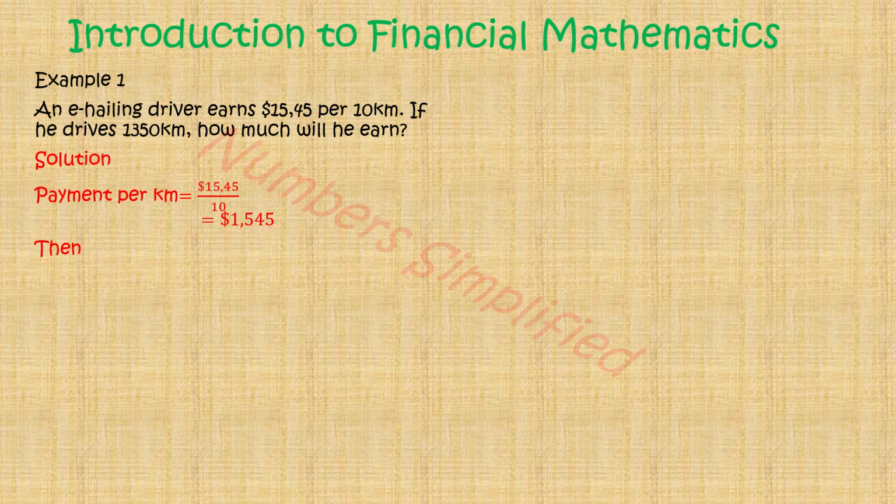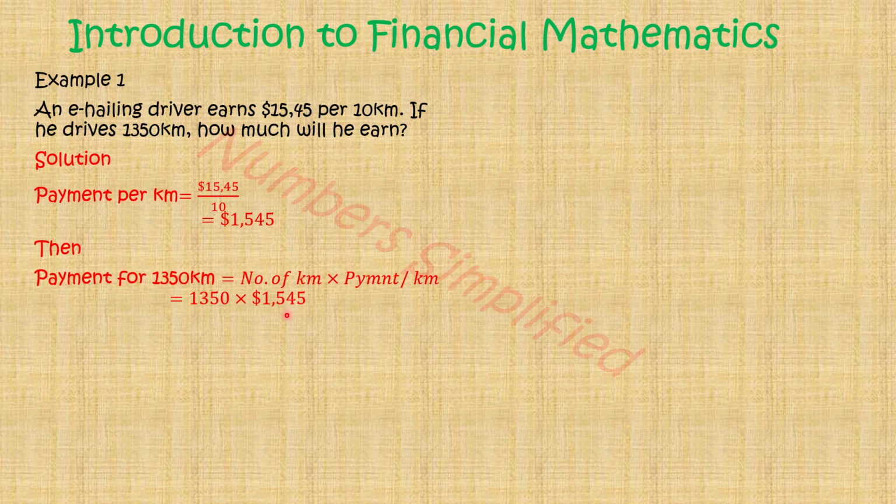Then, payment for 1,350 kilometers is given by the number of kilometers covered times the payment per kilometer. Now with that, we are going to substitute for the number of kilometers. We know it's 1,350 kilometers that the driver drives times the earnings that they will make per kilometer, which is $1.54 or 55 cents when we round it up.